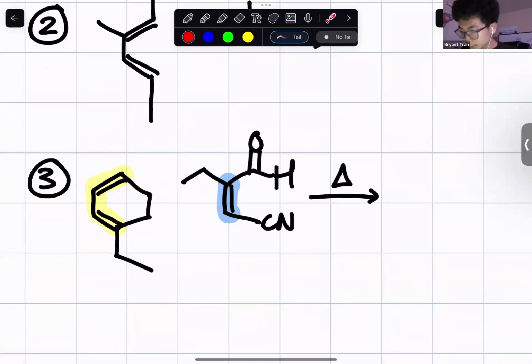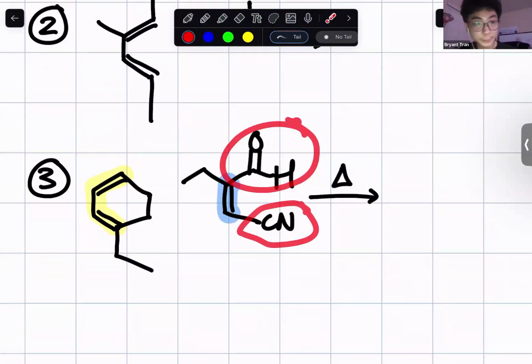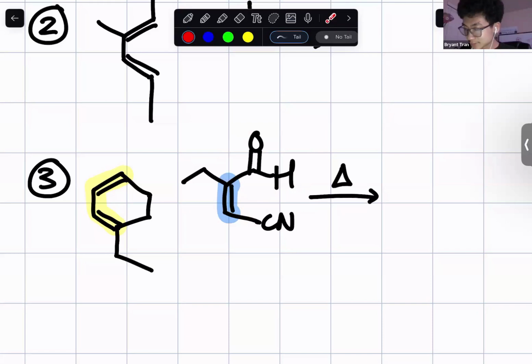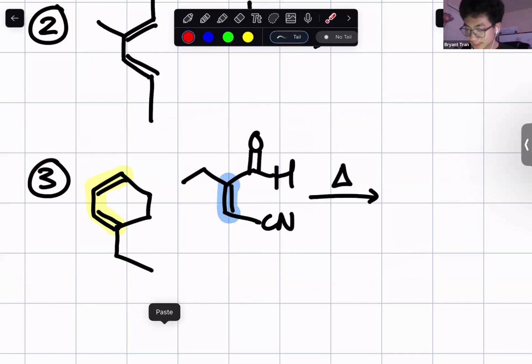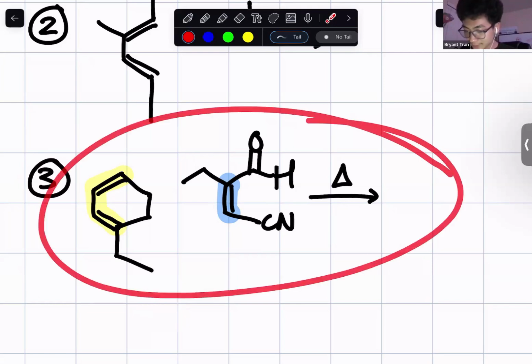Now, Helix didn't really go over the differences in the electron withdrawing group power of dienophiles. So I wouldn't worry too much about this for Helix class, right? Because this would give us a major minor product, but Helix didn't really go over that for Diels-Alder. So I wouldn't worry about this question here.